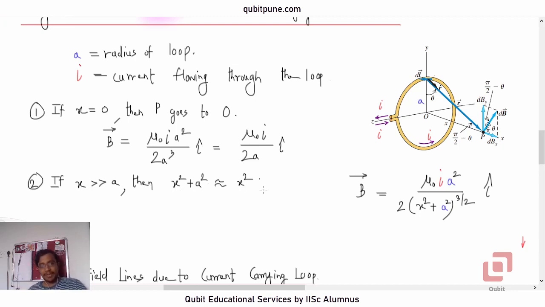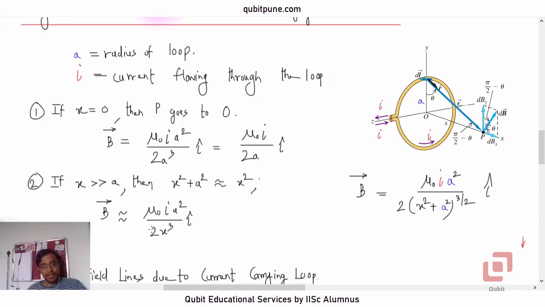So we can approximate like this, and then in such a case we get B bar as mu naught I a squared divided by 2x cubed I cap. Now this is an approximate field, not an exact field. Is that clear?